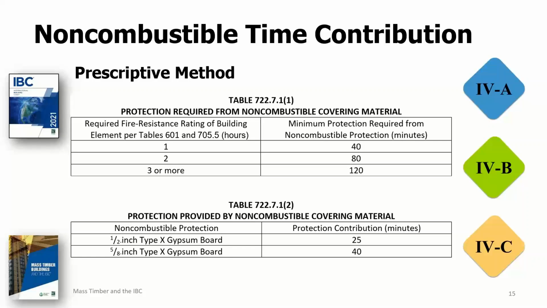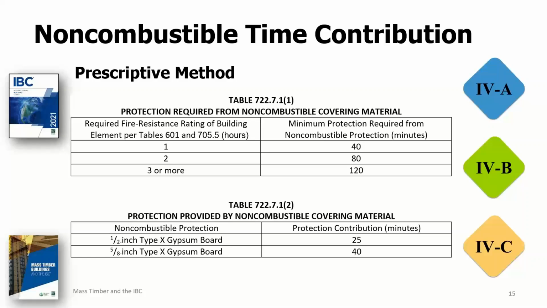You can see that 1/2 inch type X gypsum board, for example, is assigned a contribution time of 25 minutes, and 5/8 inch type X is assigned 40 minutes. The non-combustible protection values provided in this table are on a per layer basis, and they are additive for multiple layers of gypsum board. So in this manner, you can achieve 120 minutes of non-combustible protection by using 3 layers of 5/8 inch type X.